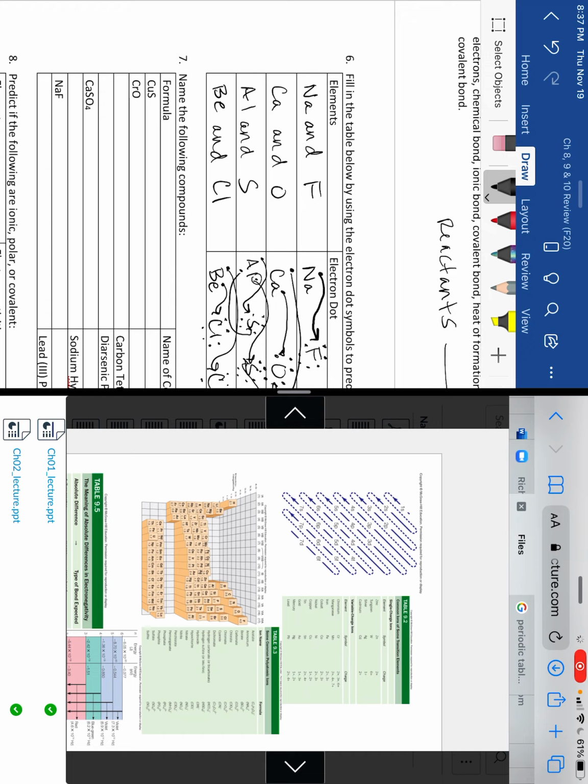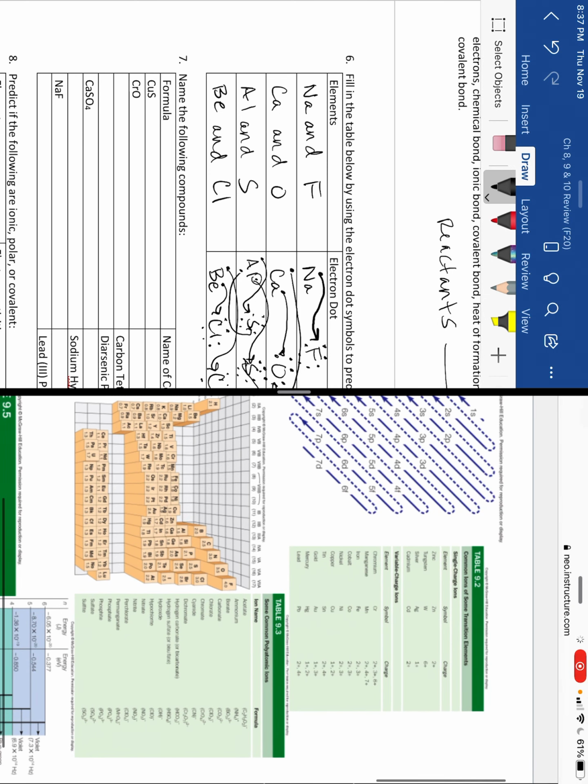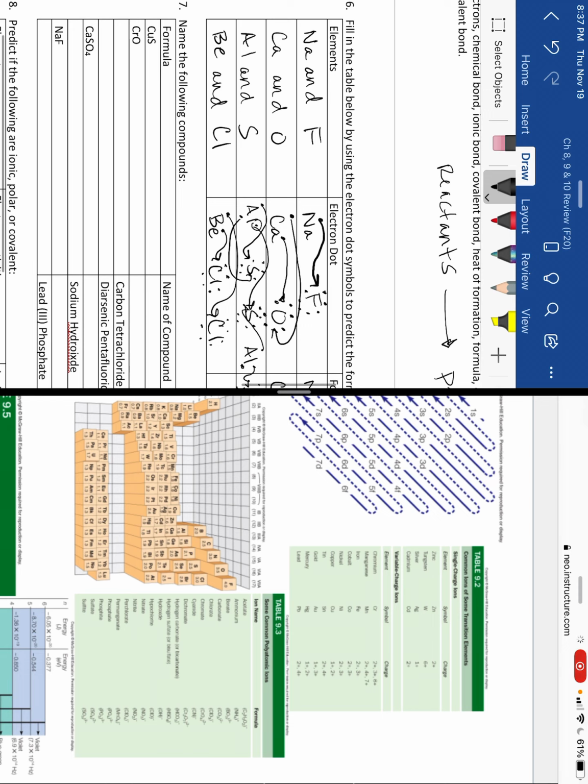And okay, it's really tiny. You're going to want to look at table 9.2 and 9.3 for this. So the CuS, if you look at this table 9.2, see this Cu right here? It's for copper.